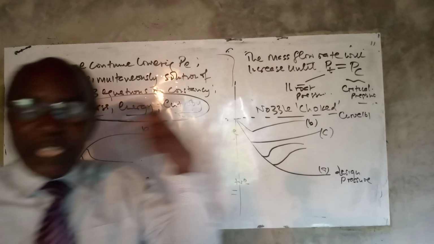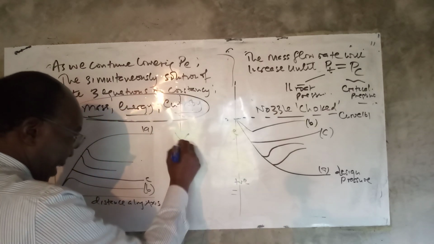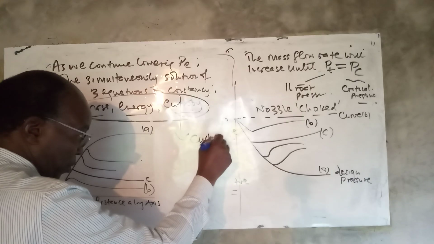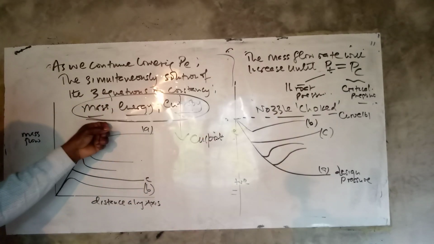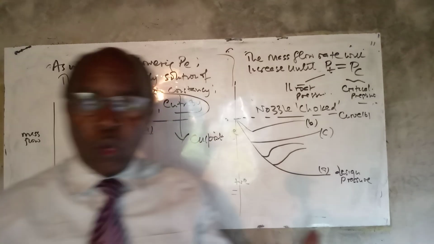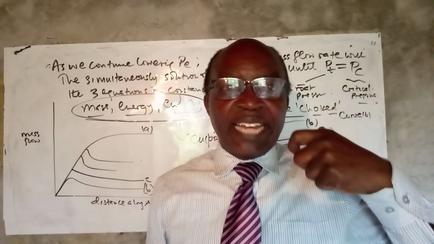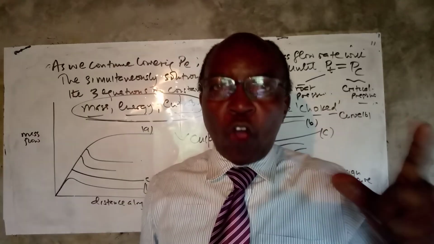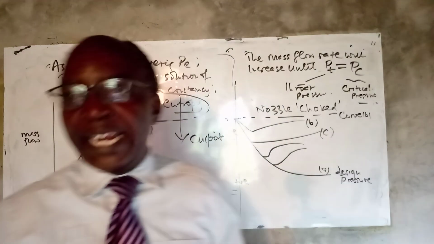Now, which one is the culprit here? The culprit here is the entropy. So you can keep mass and energy constant, but not the entropy. And why is that so? That is so because in the process, we can have the development of a shock wave. We talked about that in our earlier lectures.